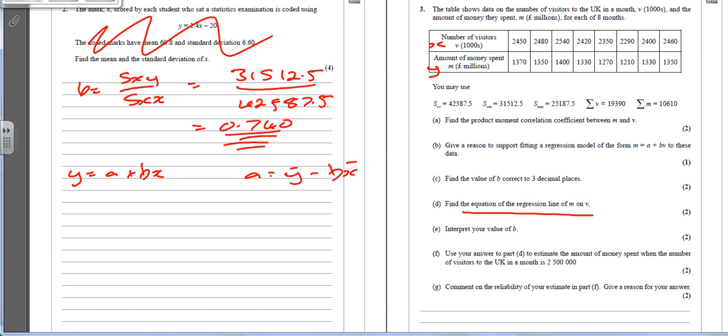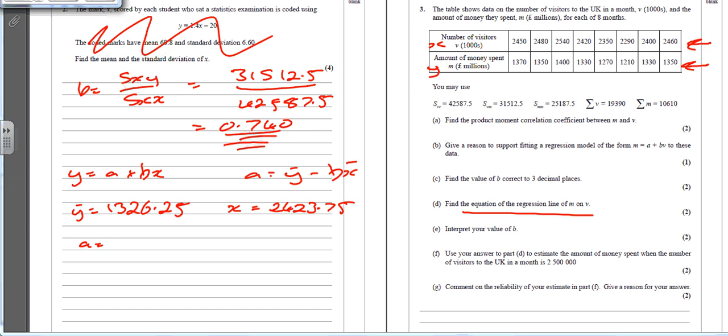So what we've got to do is work out our value of x bar by adding that up and dividing by 10, and y bar by adding that up and dividing by 10. And y bar is 1326.25. And x bar is 2423.75.